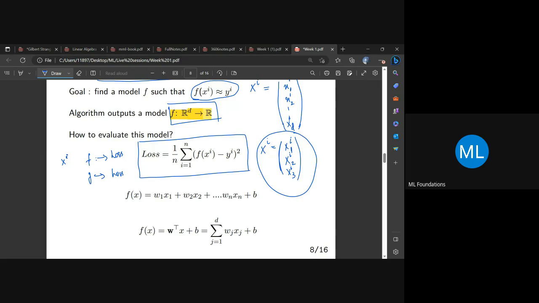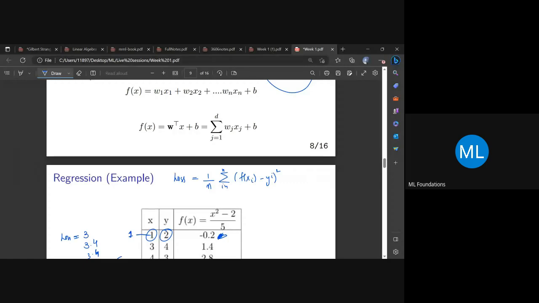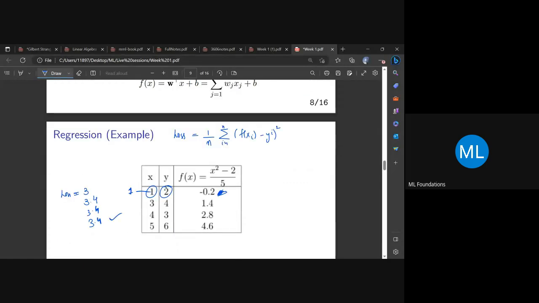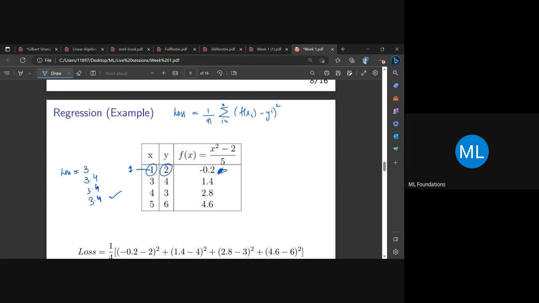You calculate the loss for each function, and then you pick the function that is giving you the least loss. So this example is not about what the loss means here. It's mostly about how you evaluate this loss function when it's given to you.